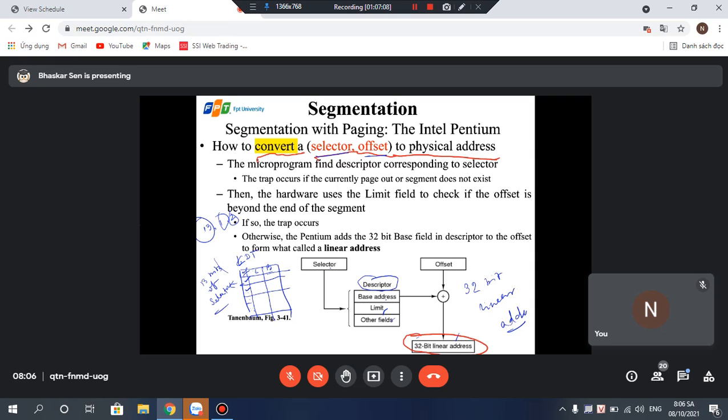We call it a linear address. Remember this one, 32-bit linear address. Now, once you have generated the 32-bit linear address, then comes the trick. This is called the linear address, that is the most important thing.